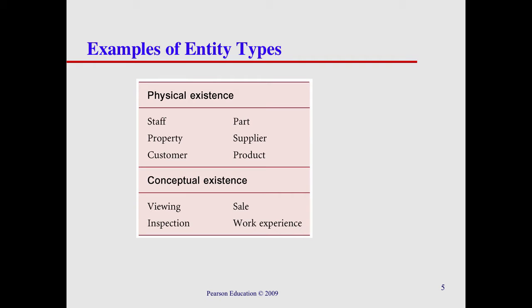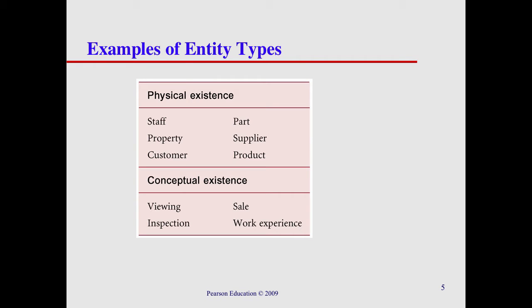And then those things that have a conceptual existence, such as a viewing of a property, an inspection of a house, a sale of a product, or your work experience. Now, oftentimes, things that are conceptual will turn out to also be relationships. So really, a viewing is a relationship between a customer and a property.